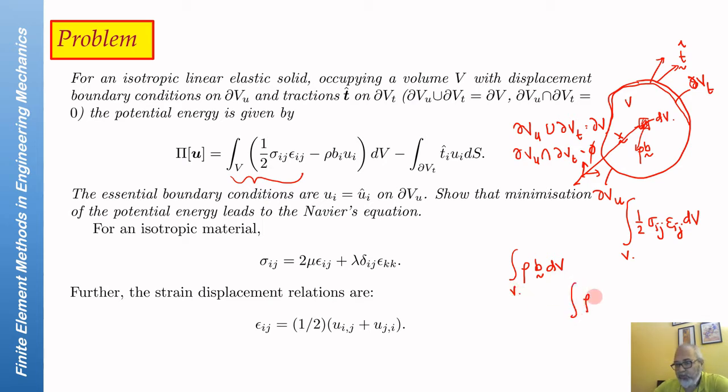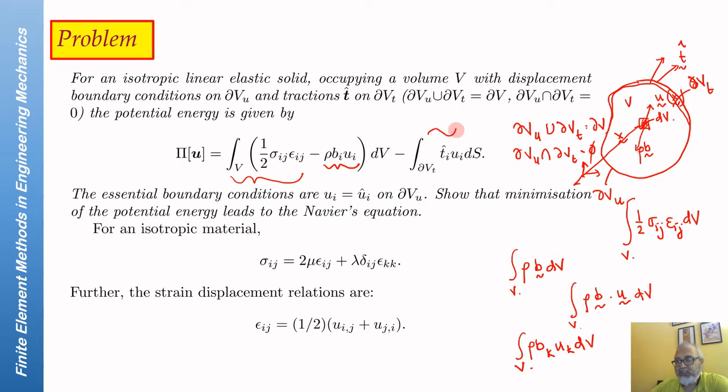Similarly, rho B dot u, where u is the displacement vector of this point, which varies from point to point. So rho B dot u dV integrated over the volume gives you the total work done by the body forces, the potential of the body forces. So this can be written in tensor notation.